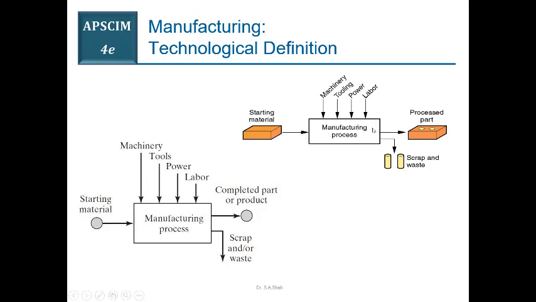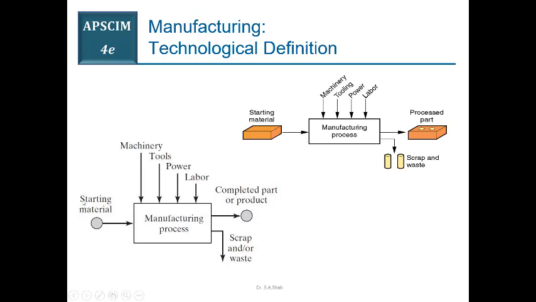So in a manufacturing system, normally you start with the raw material, and that raw material is processed through different processes, and finally you get some finished product. In addition to that, in some industries you will also get scrap as a waste, which can be either reused or simply shipped out of the system. So you have starting material, and the output is the completed part or a sub-assembly.